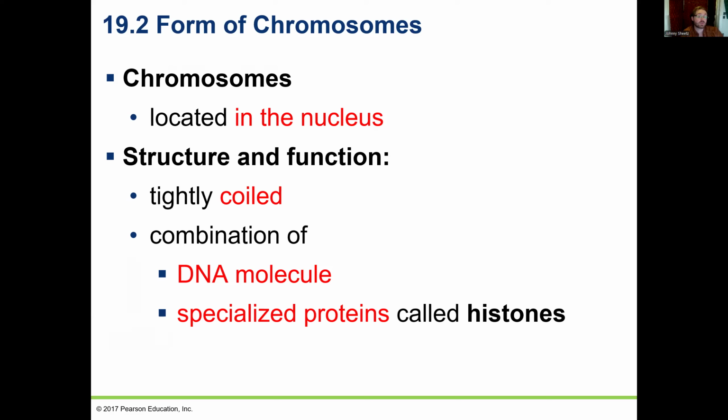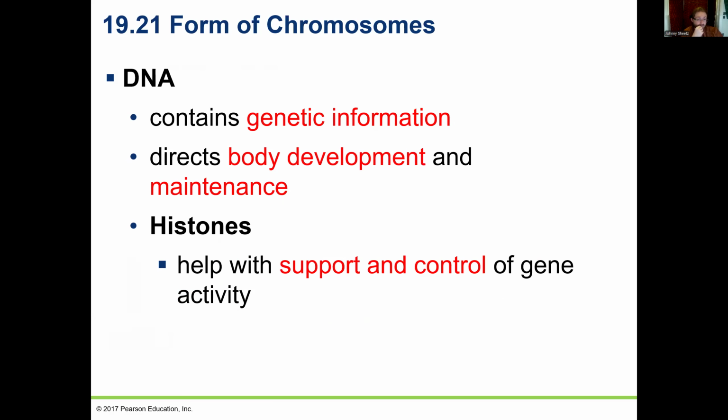Now, chromosomes are tightly coiled structures made out of DNA that are located in the nucleus of a cell. They are composed of a DNA strand tightly coiled around a specialized protein known as a histone. DNA contains all the genetic information for a cell and also directs body development as well as maintenance.